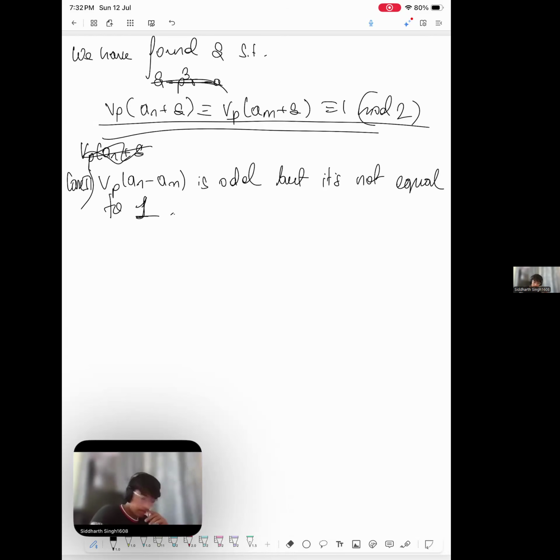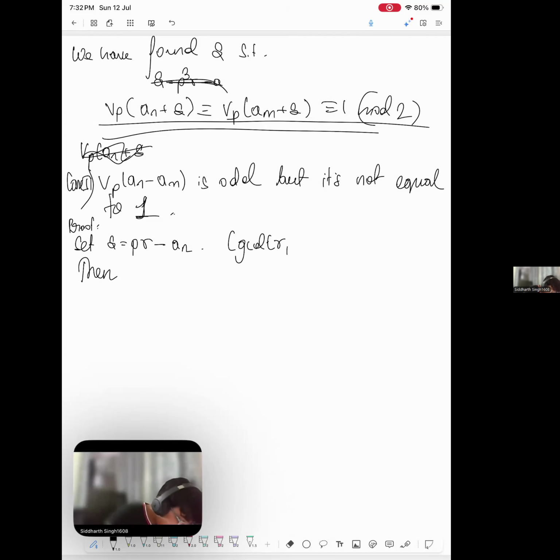Okay, so in that case, it's even easier. Set S equal to PR minus AN, where GCD of R and P is equal to 1.